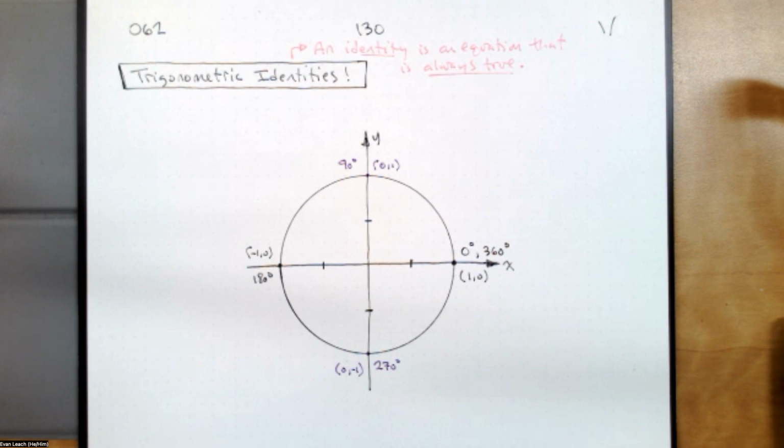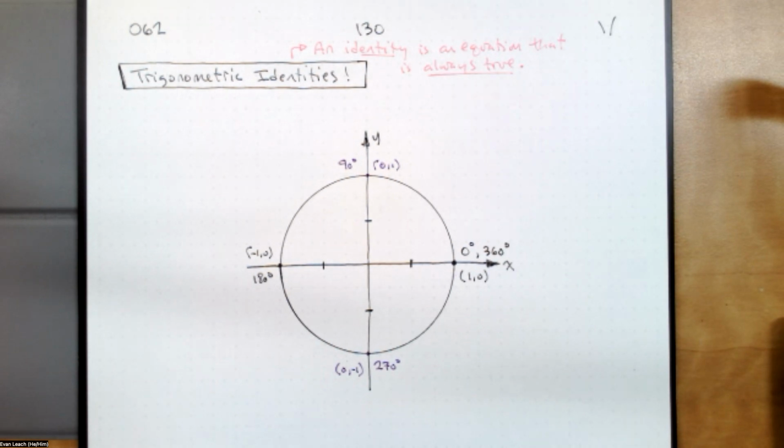So I want 30, 45, and 60 in each of the 4 quadrants. I want the quadrant angles 0, 90, 180, and 270. And we want the coordinates going all the way around, because the coordinates of each of these points are the cosine and the sine of the angles at those locations.